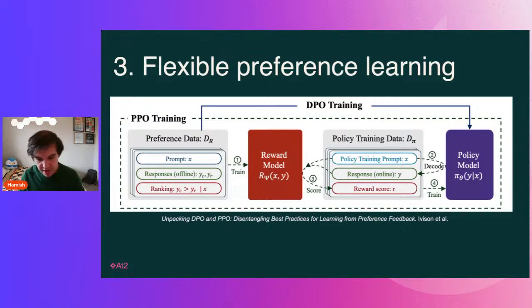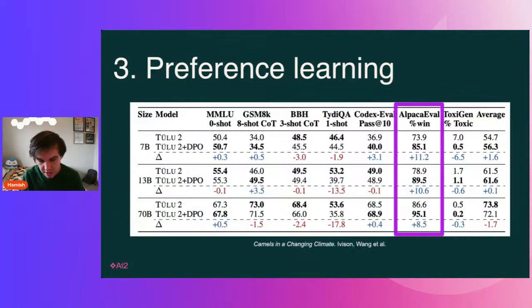DPO and a range of direct alignment algorithms instead train your model directly on that data using a variety of different methods. Adding DPO or PPO into your pipeline usually results in improved performance, especially if you care about things like Alpaca eval or toxicity.